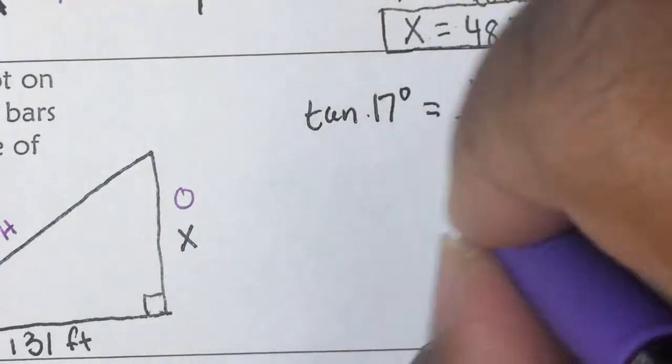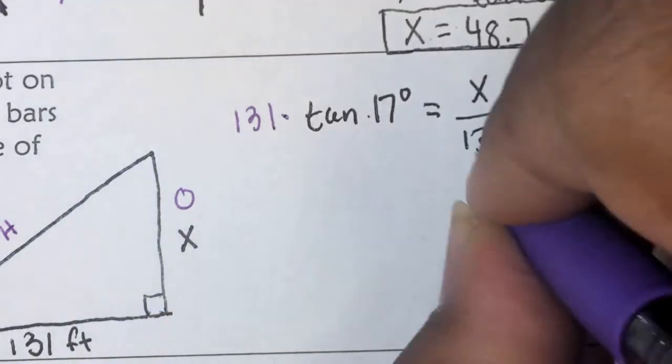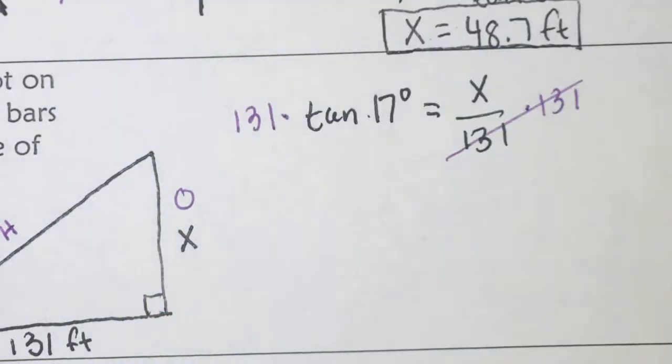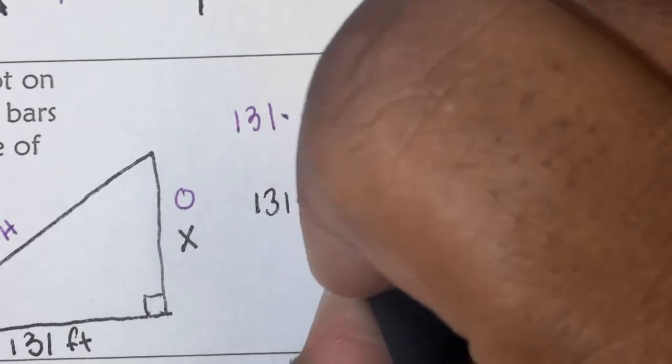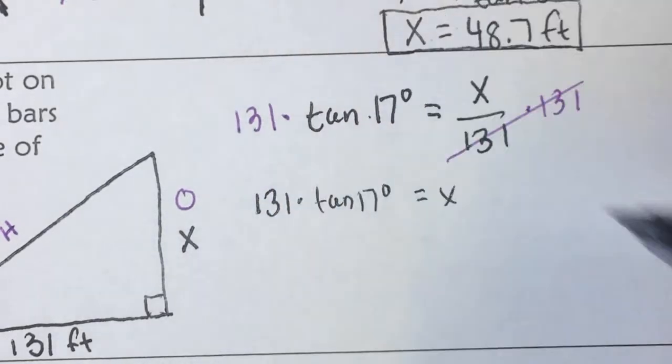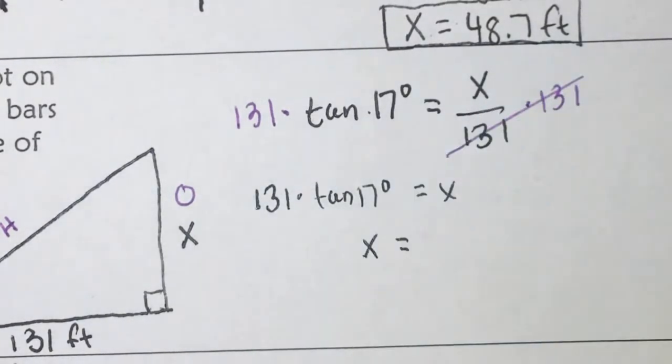Multiply 131 by itself and do the other side, and then put that in the calculator. And X equals... round correctly.